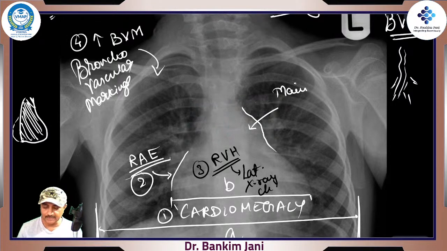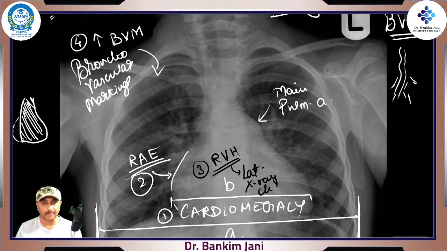So that high pressure starts affecting. So this leads to, see the bulge, right? This one. So this is main pulmonary artery. It becomes prominent.